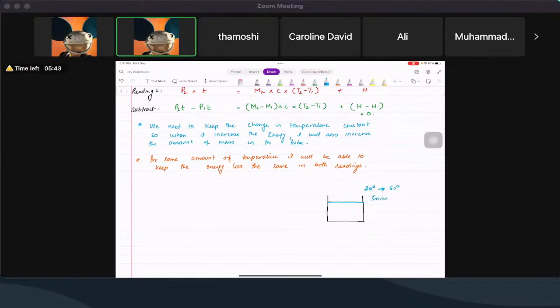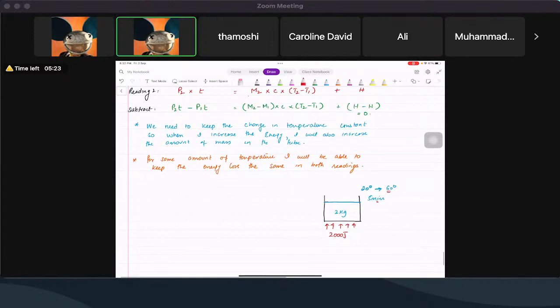And it has 2 kg of water. So I see that when I give a heat that is basically 2000 joules, it basically reaches 60 in 5 minutes, by using the thermometers. Now, some of the heat is transferred to the water, but also some of the heat is lost to the surroundings, which I'm calling H, right?